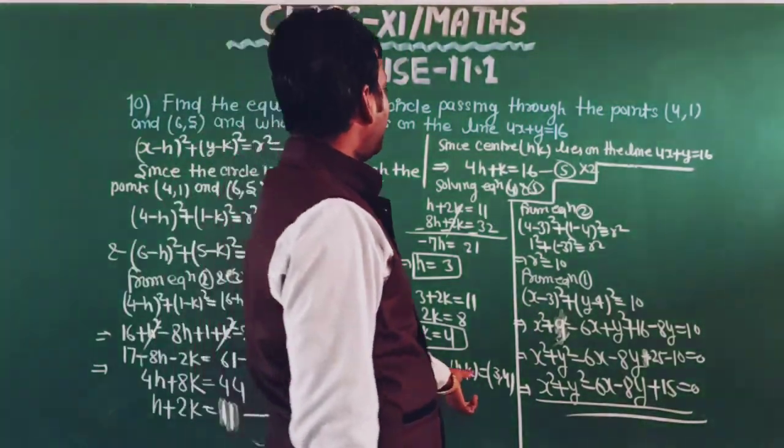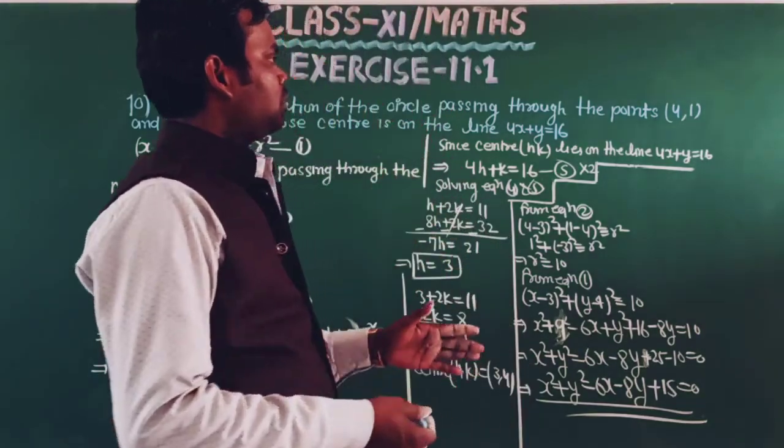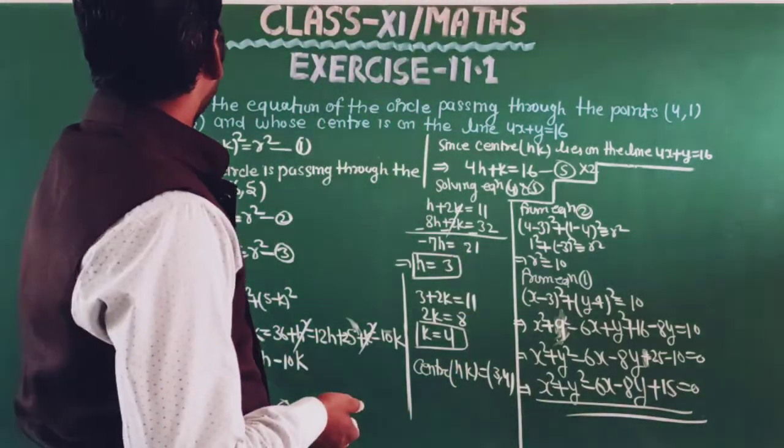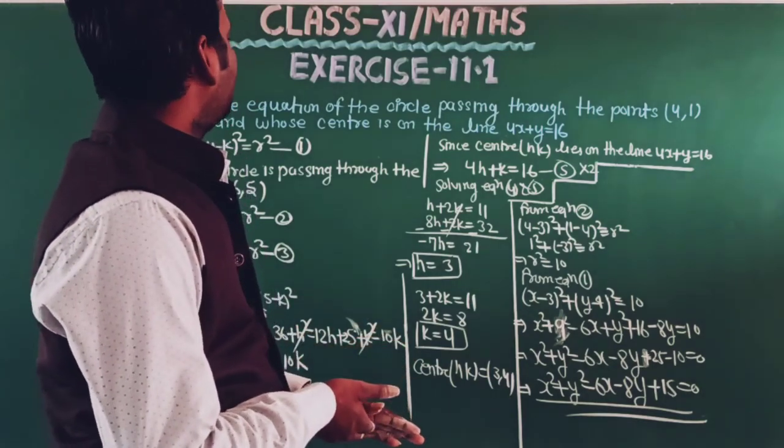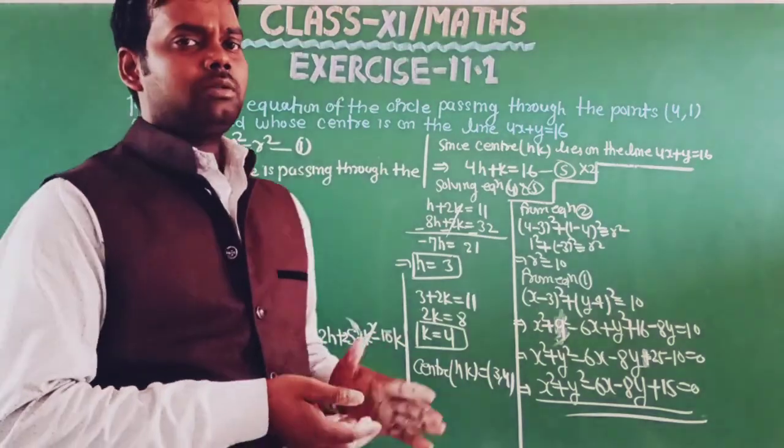This is the required equation of the circle passing through the points (4, 1) and (6, 5) and whose center is on the line 4x plus y equal to 16.